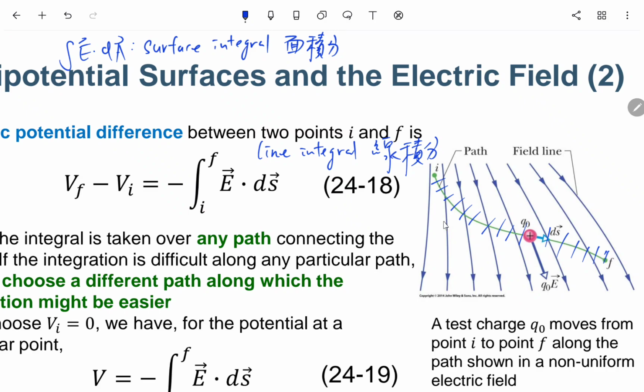As we move the charge from I to F, it has a direction, and the direction is somehow like this.